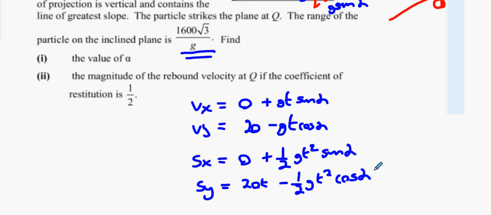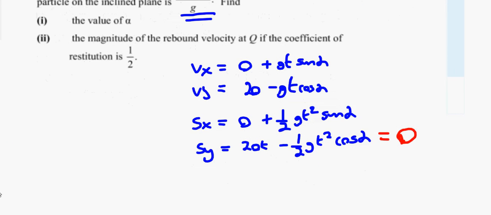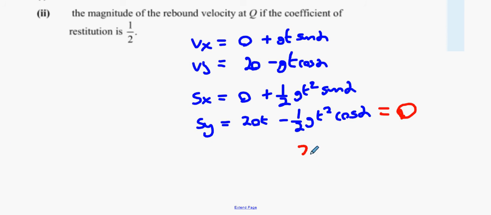Alrighty. Sy equals 0, then find out what the time of flight is. Right, let's do that. We're going to get 20t equals a half g t squared cos alpha, and then we are going to cancel the t.